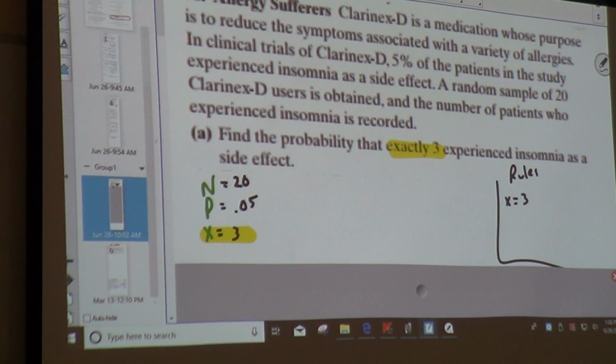What does my rule say? The binomial PDF of N, P, and X. So it's going to be 20, 0.05, and 3.